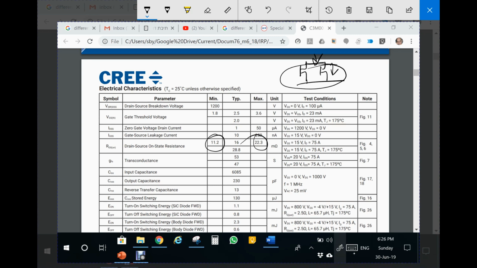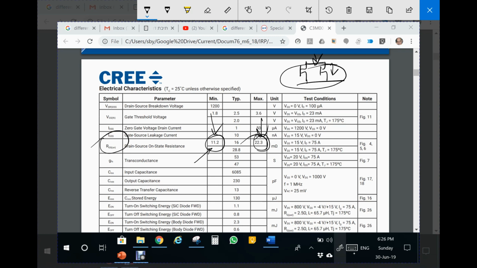So if you have a unit like this and a unit like this, you are in trouble because all of the current will go through this unit, and even if it heats up, it may not get up to this value, and then it'll still consume the current. So this is the issue of RDS on.